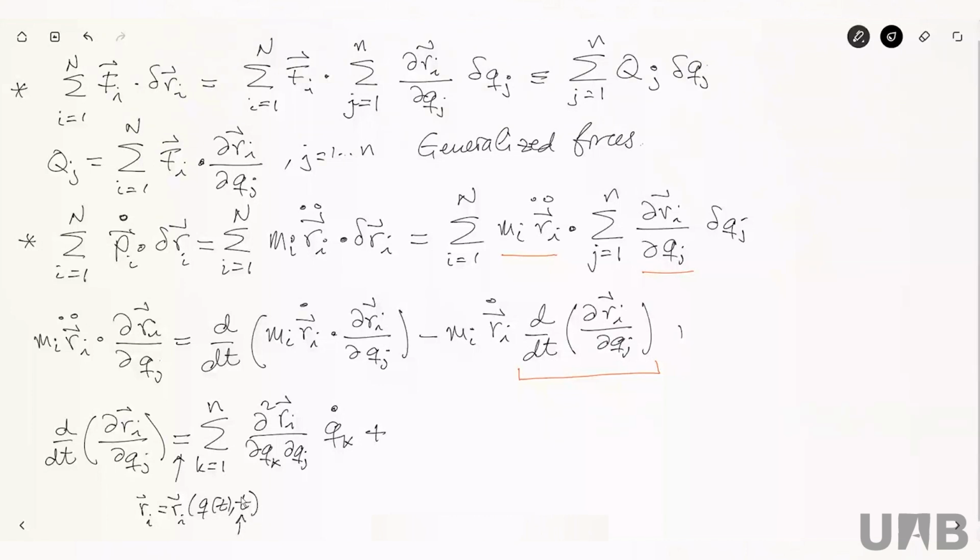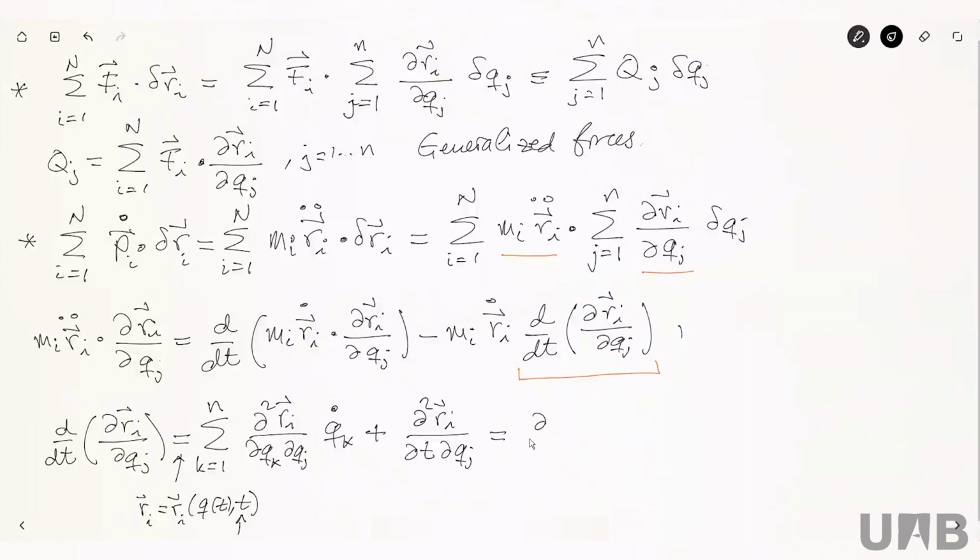And then the time derivative has to act also on the explicit time dependence. So that is the second derivative of r_i with respect to time and with respect to the q_j that I already had before. Okay, any questions about the chain rule? No questions? Okay, so now I can also write this thing because q_k and q_j are independent of each other, and because this time derivative is the derivative with respect to the explicit time dependence, it can be interchanged with this q.